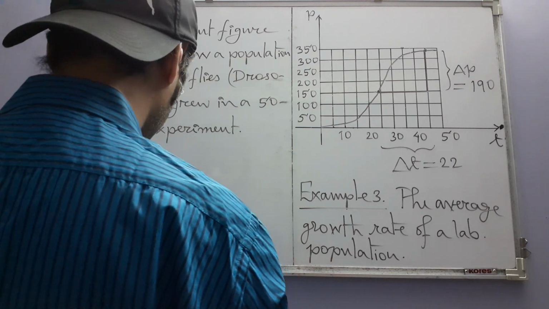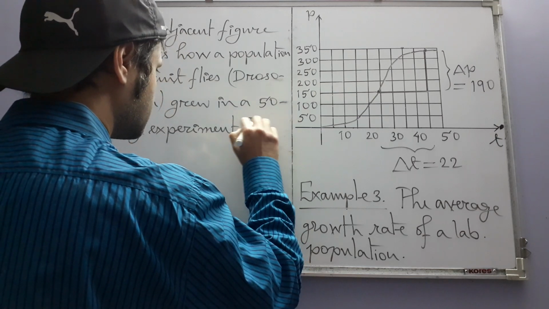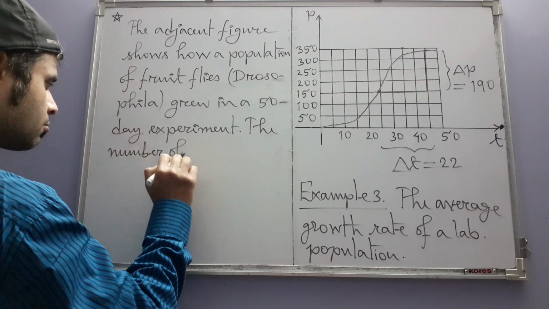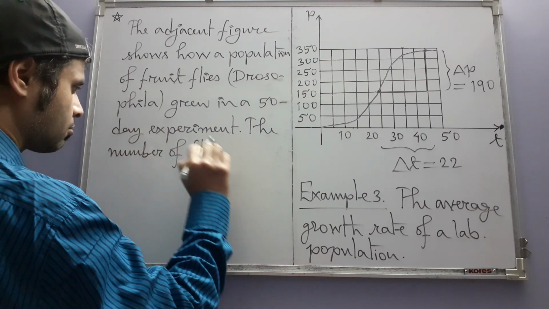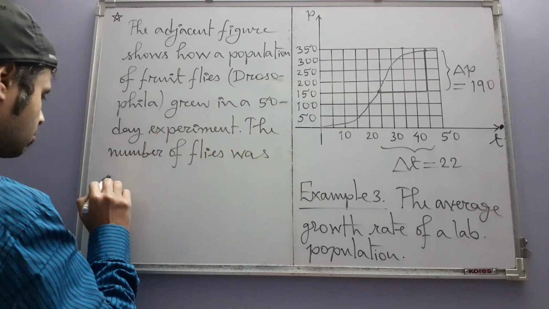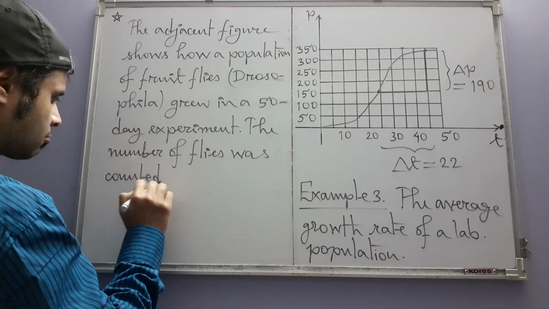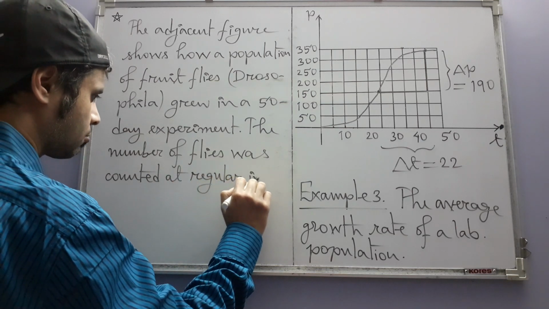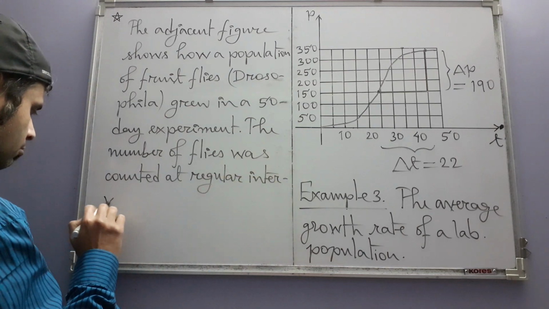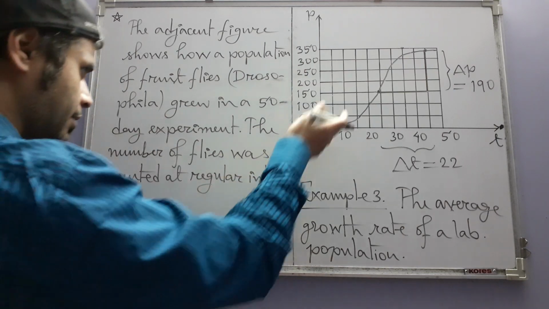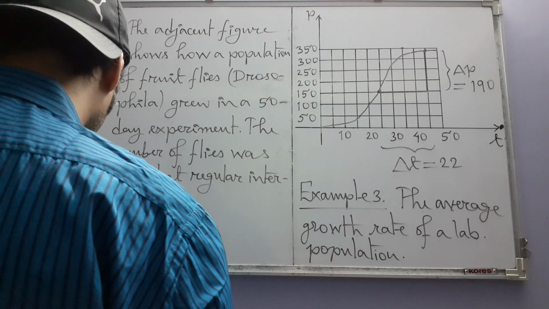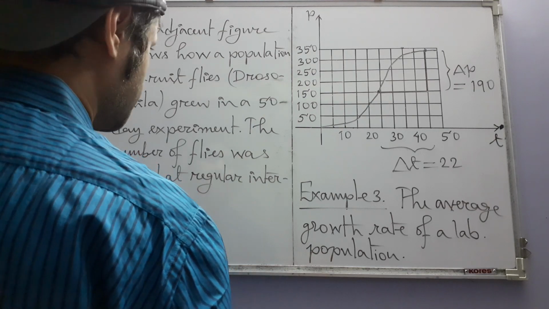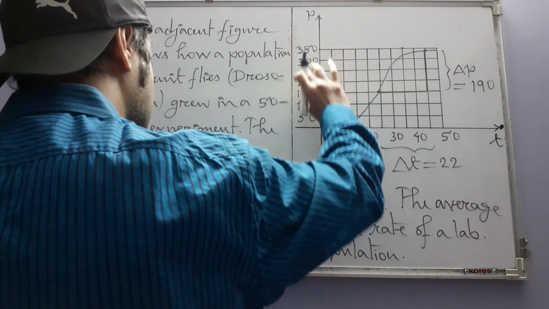The number of flies was counted at regular intervals. And some points were plotted. The counted values were plotted with respect to time, because these are the numbers of flies.